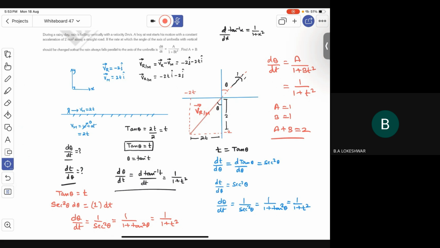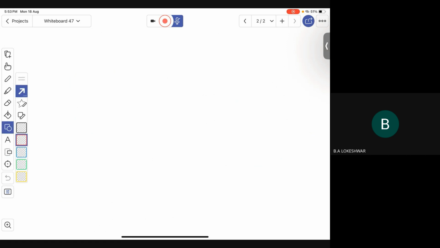The component it has along y is minus 2, the component along x is minus 2t. So what is the angle it is making with the vertical? This angle, this is the vertical. Or I can shift this, maybe I'll take a new page and draw a bigger figure. Just a second.